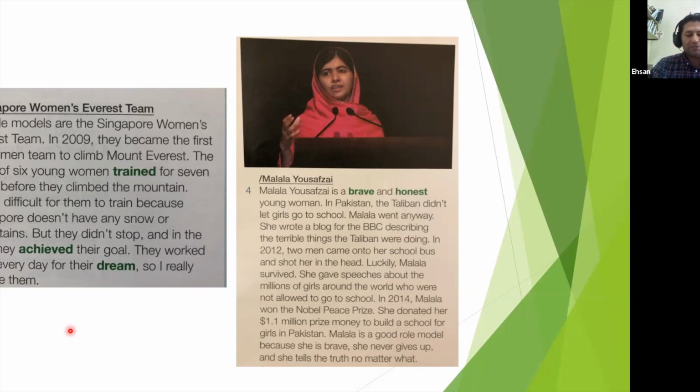And finally, there is an extract about Malala Yousafzai, who is characterized as a brave and honest young woman who went to school anyway in the conditions that the Taliban made schools forbidden for girls. The fact that she went to school is somehow downgraded implicitly. Luckily and donation are words which are assigned to her in the text.